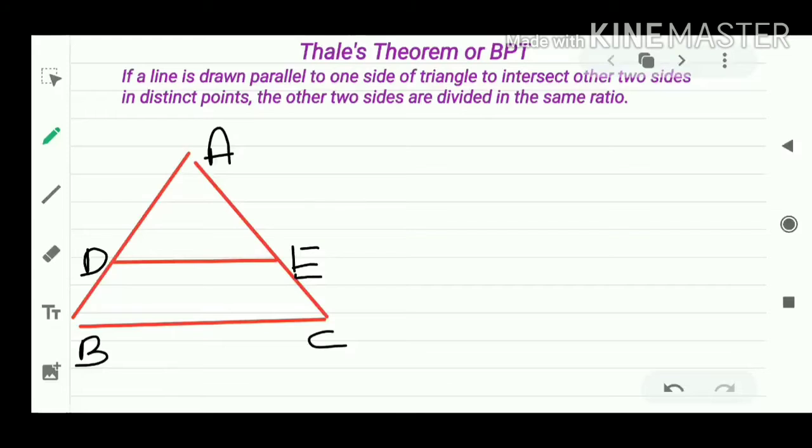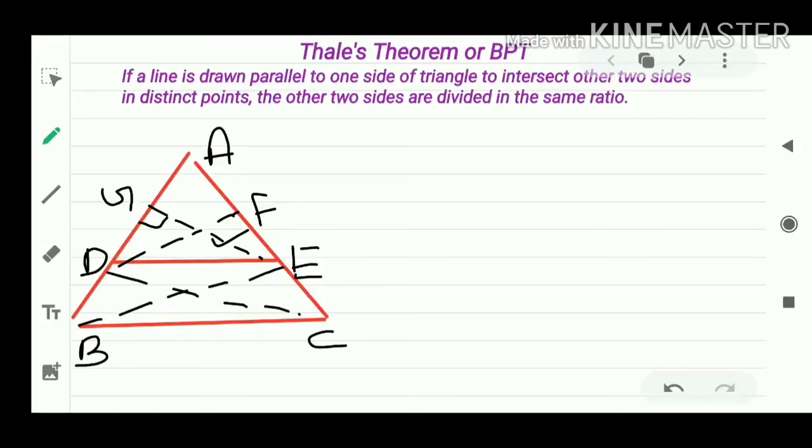So we draw construction, join B to E and C to D, and also draw a perpendicular from D to side AC and from E to side AB. DF perpendicular to AC and EG perpendicular to AB.